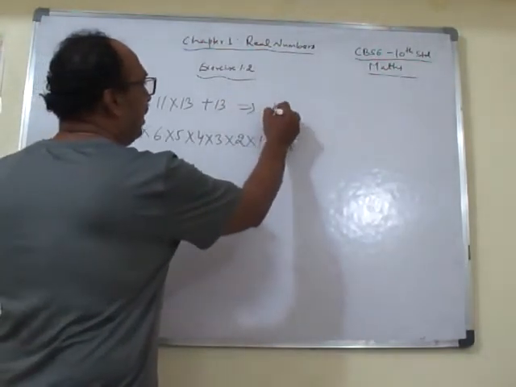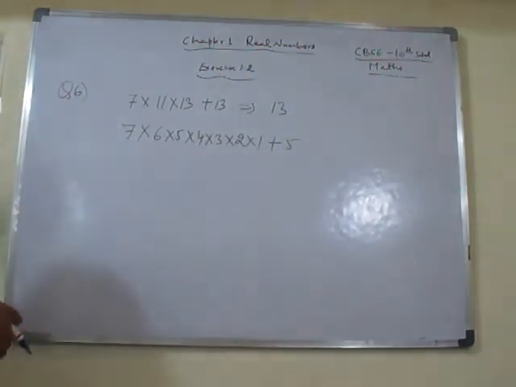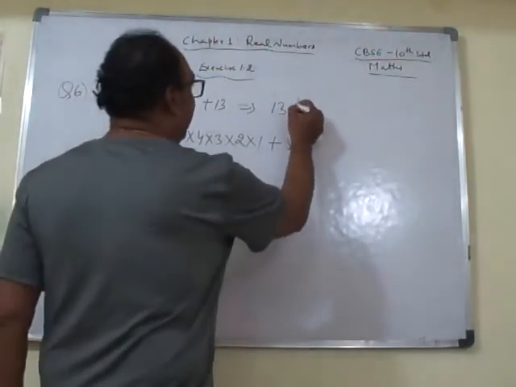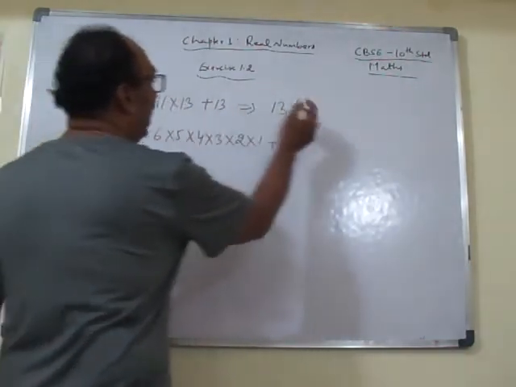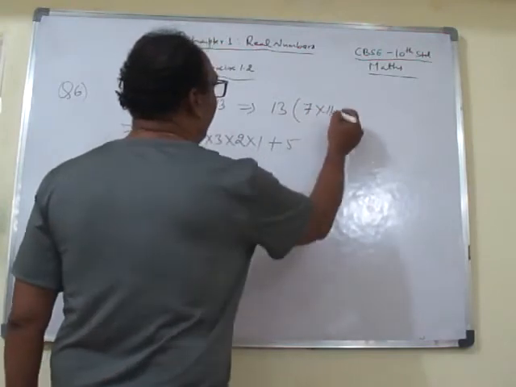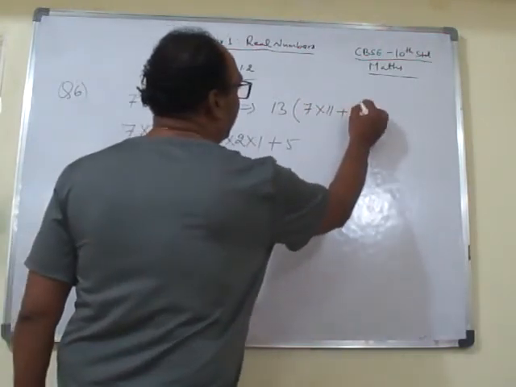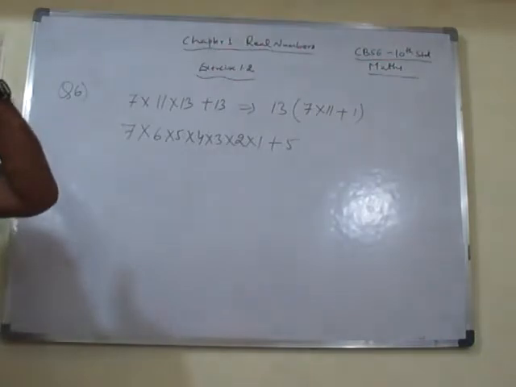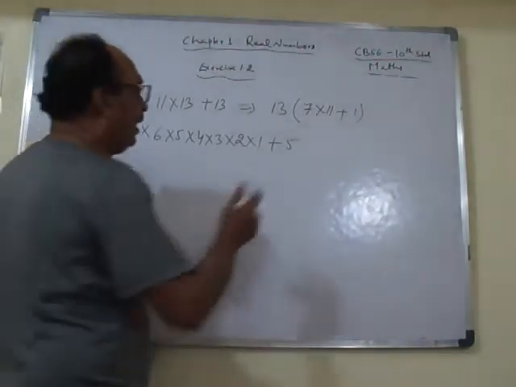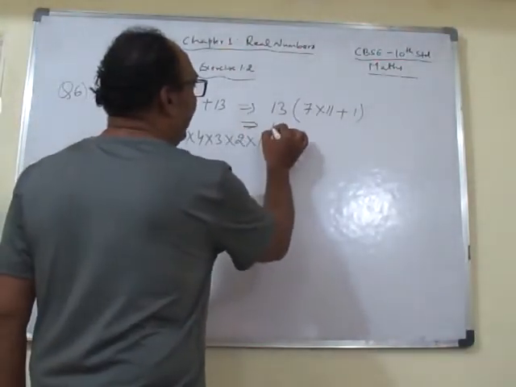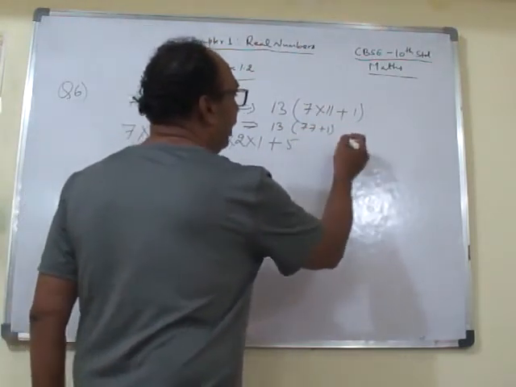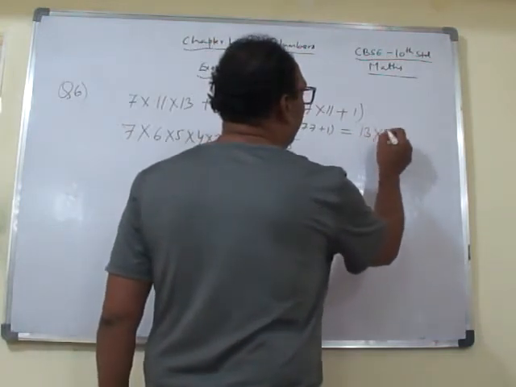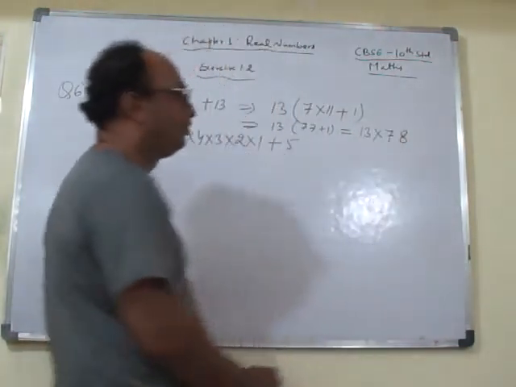If we are taking 13 common, then it will become 13 into 7 into 11 plus 13 into 1. Further, 13 into 77 plus 1, which becomes 13 into 78.